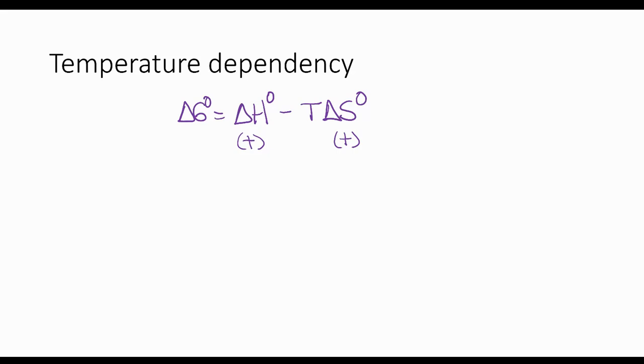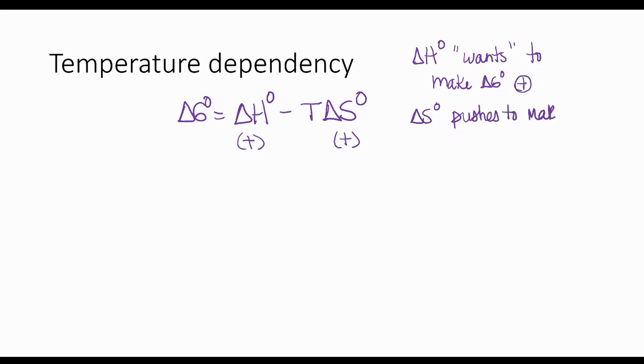The enthalpy, the heat, I guess you'd say if it had feelings, wants, I'll put that in little quotes, to make delta G positive. But the entropy term pushes to make delta G negative. Who is going to decide which one wins?